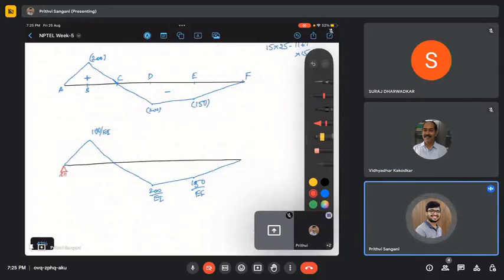What about C? C is an internal hinge, so here it is. This is an internal hinge, and this is a fixed support. And what about the loading? Loading will be always away from the beam.